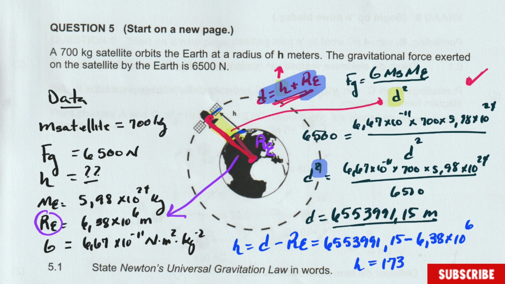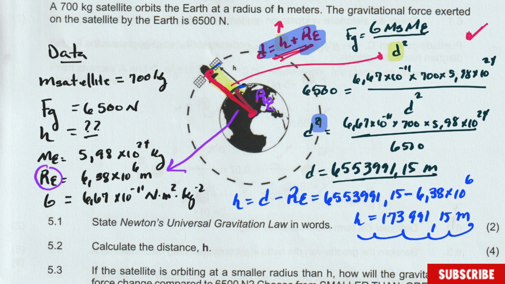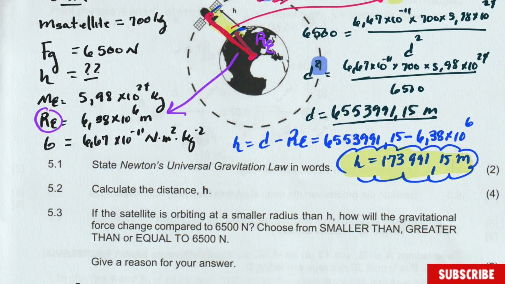That is the answer. 991,15 meters. That is the height at which the satellite is orbiting the Earth, guys, from the surface. I really don't think this topic is very bad, but anyway, that is the answer. I hope it helped.